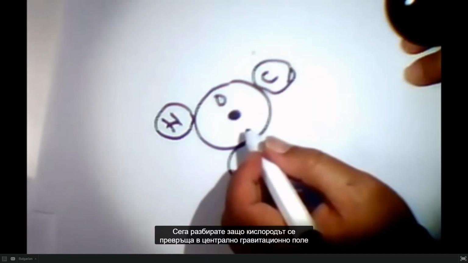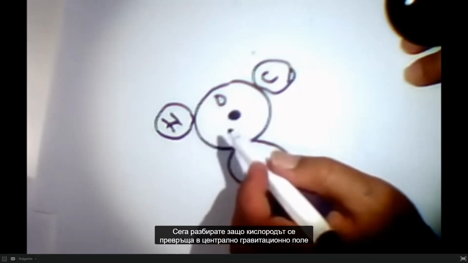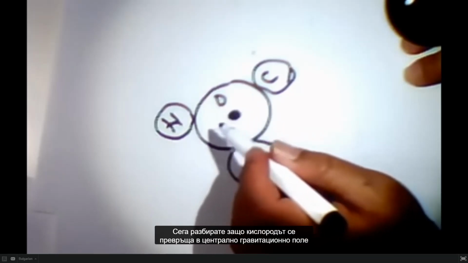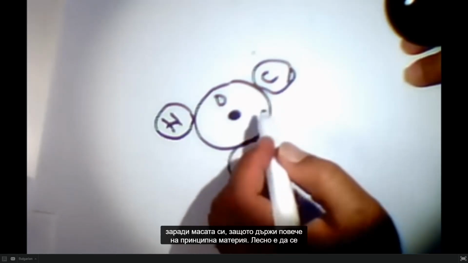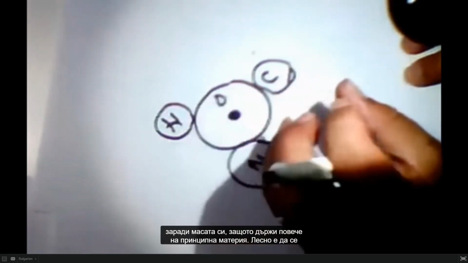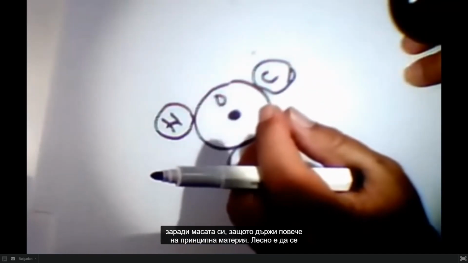Now you understand why the oxygen becomes the center of the gravitational field, because of its mass, because of its holding more of the principal matter.